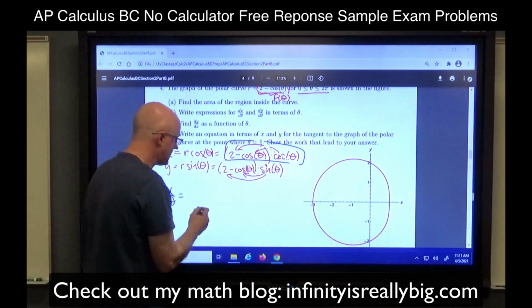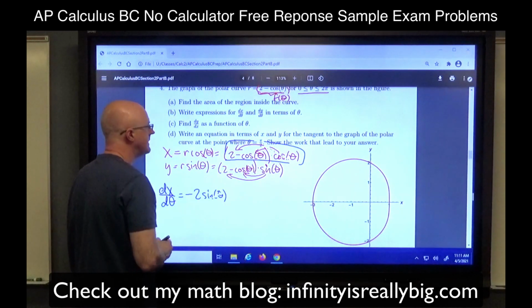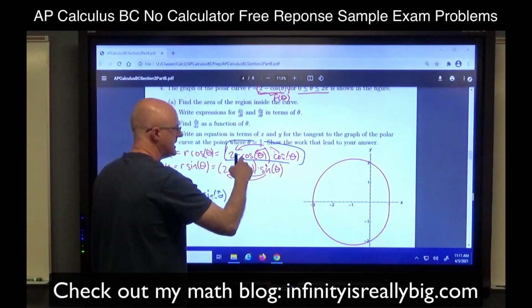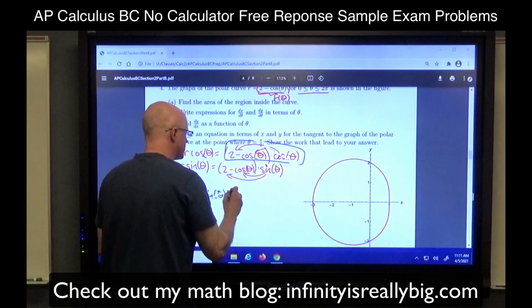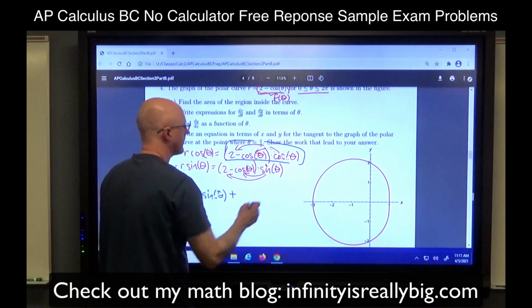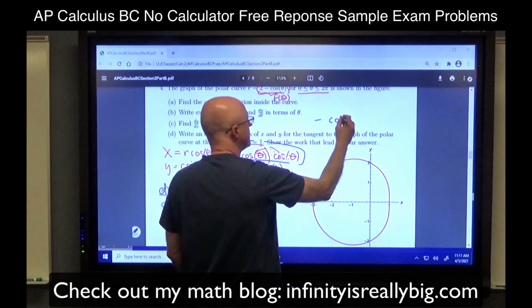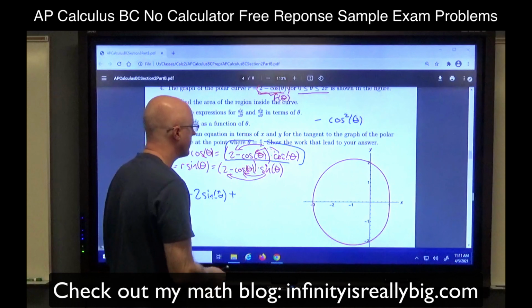Derivative of 2 cos theta is negative 2 sine theta. And then we also differentiate negative cos squared theta. So that derivative with the chain rule, negative cos squared theta is what we're differentiating, and the negative sign is out in front of it. It's not inside, so it doesn't go away because of squaring.